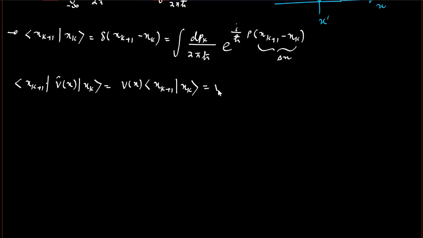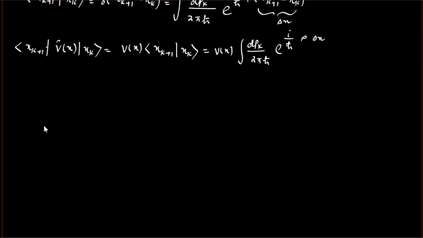So I can write it as V(x) times the integration dp_k divided by 2 pi h cross, e to the power i by h cross p delta x.